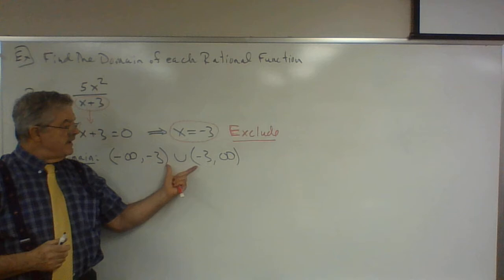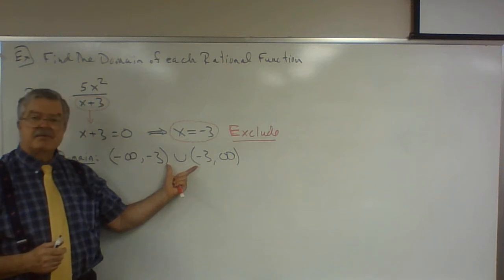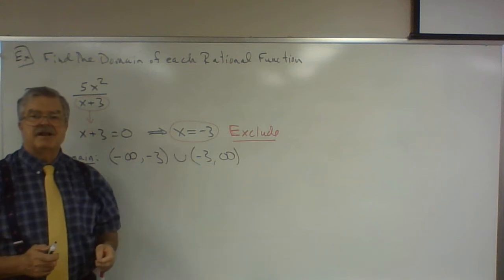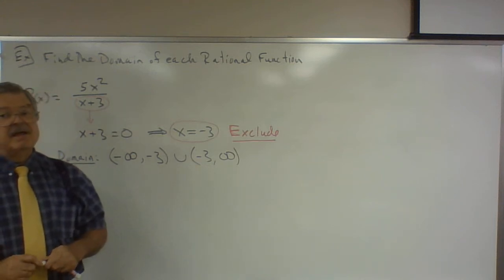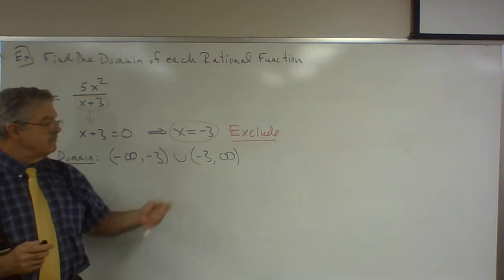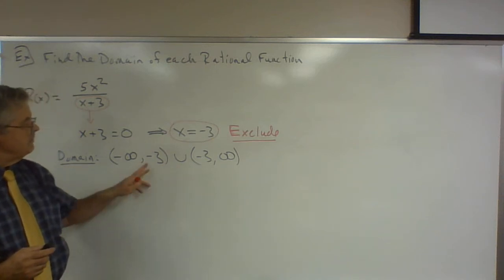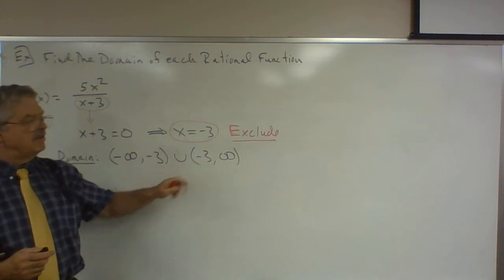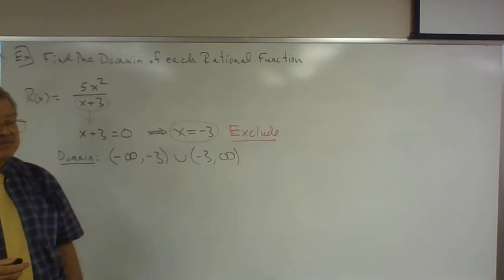And remember, the round parentheses next to negative 3 indicate that negative 3 is not included in this set. So the domain of this function is the set of all real numbers except negative 3.